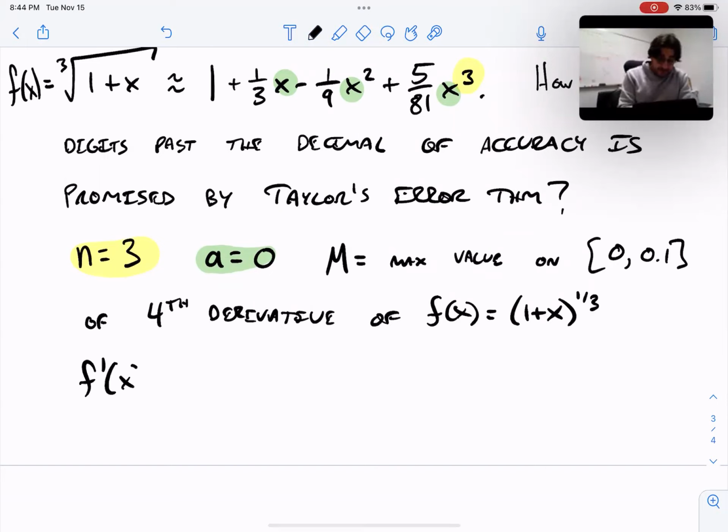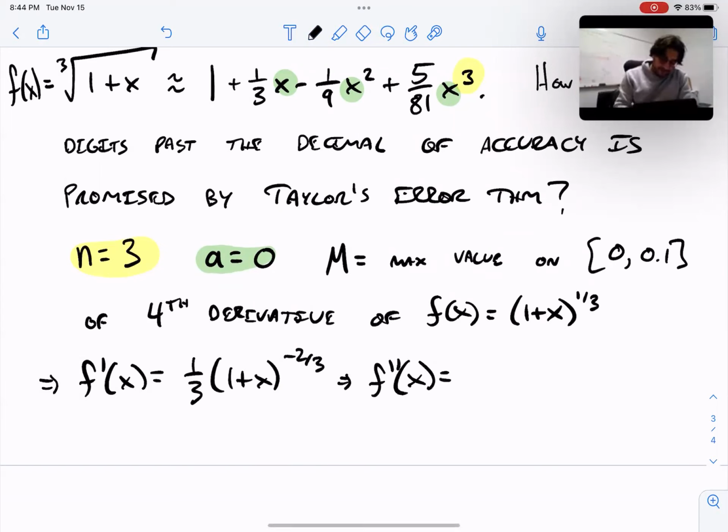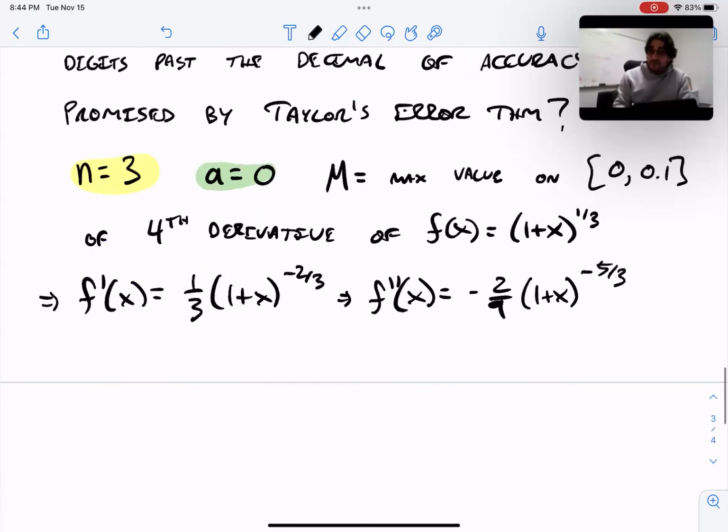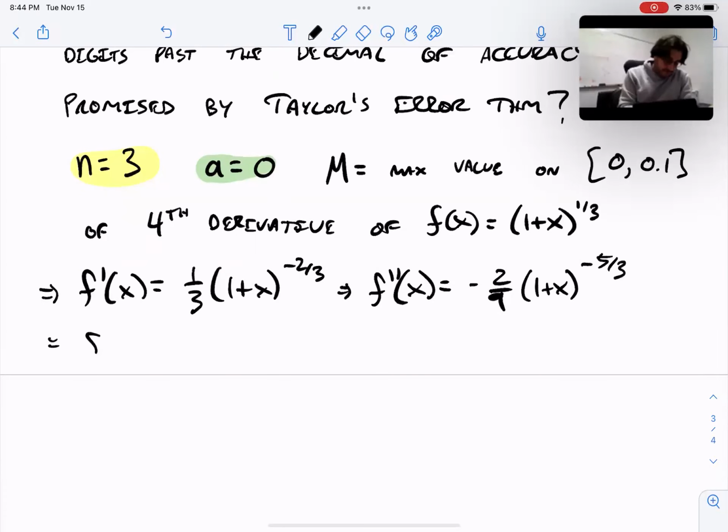So let's do some derivatives here. We have to calculate this derivative to know what to use here. So I do a power rule. There's my first derivative, second derivative, subtract 1. Do the third derivative. So again, a power rule.